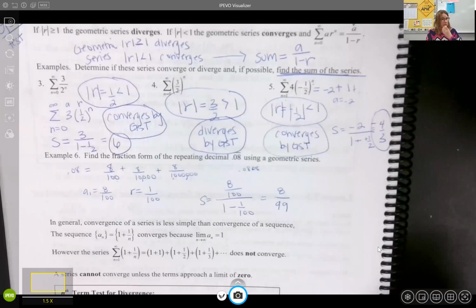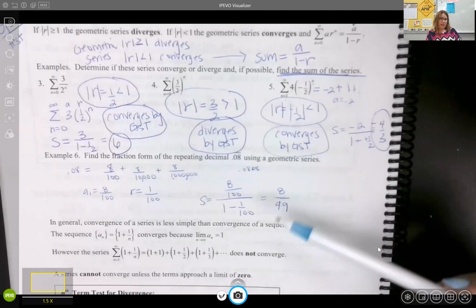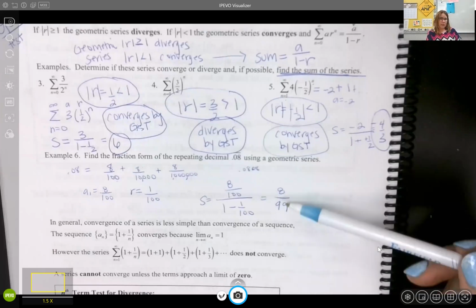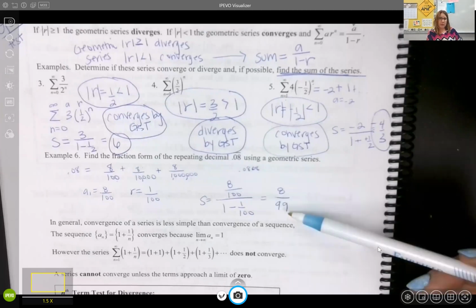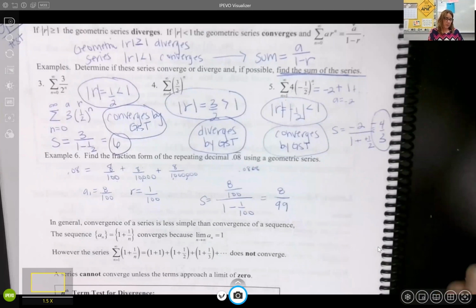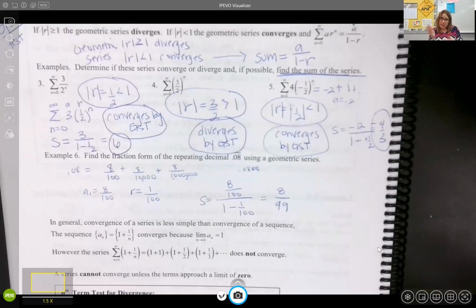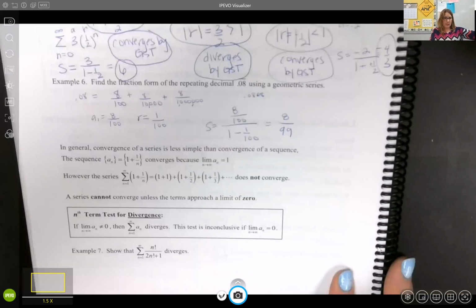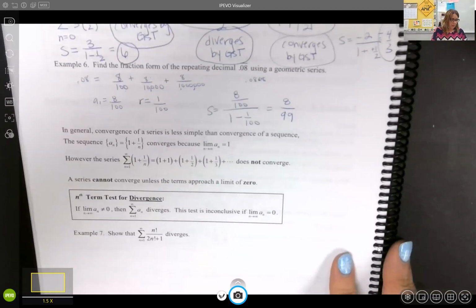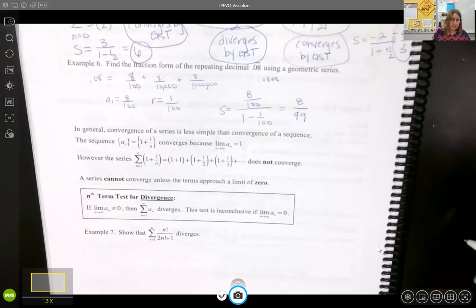I believe you did learn this back when you first learned decimals, how to do the repeating decimals with the 99 on the bottom. But that's the reason why it works, to see how it came full circle to things we learned so long ago.